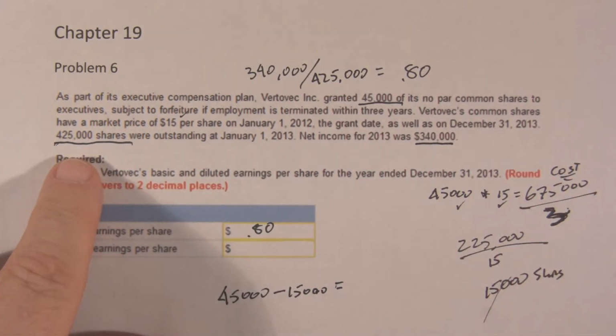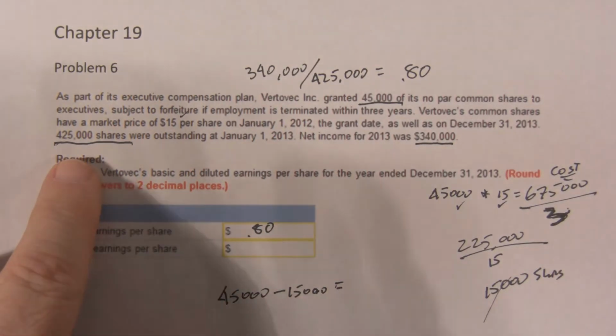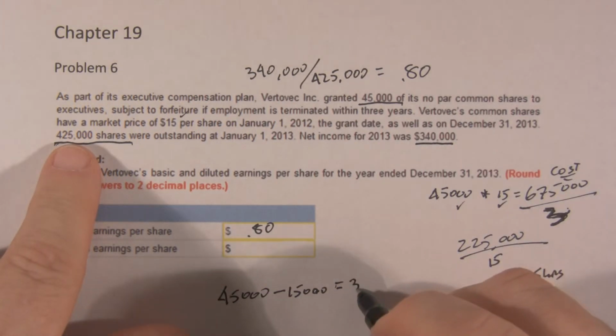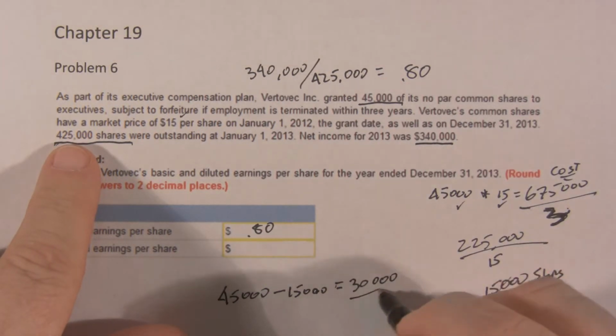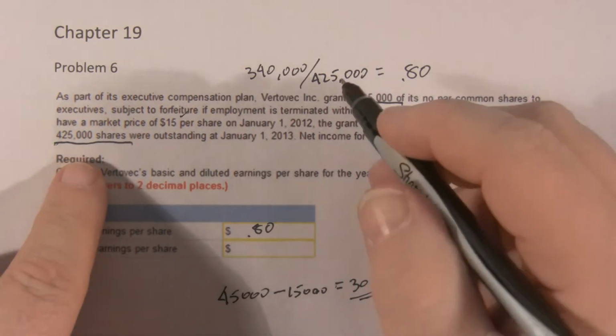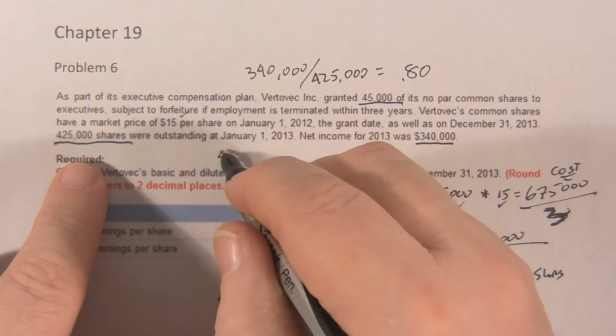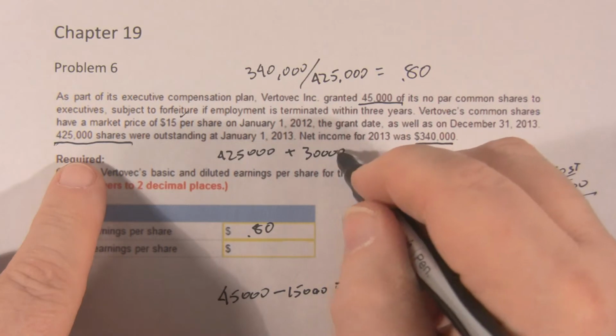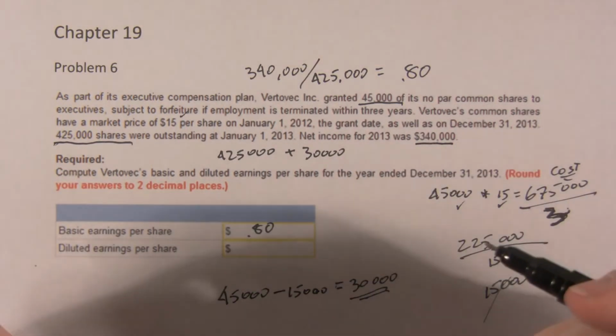So instead of all those treasury shares, we got that money, we bought treasury shares, and then issued them to the option holders. So they're in there. So that means there's 30,000 that we still have to consider. So we add the 30,000 to the 425,000 that we had. Okay, we had 425,000 plus the 30,000 that we could not have bought and issued.